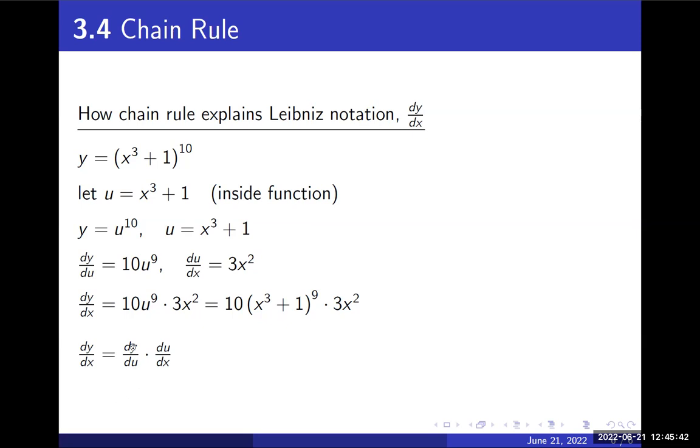Because if we thought dy over du times du over dx, wouldn't the du's cancel out? And we'd be left with dy over dx. And so he'd like that aspect of it, that even though they're not fractions, they behave like fractions, which makes it intuitive and easy to use. And it really gets highlighted well here when we see the chain rule.